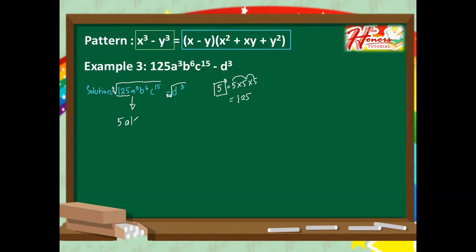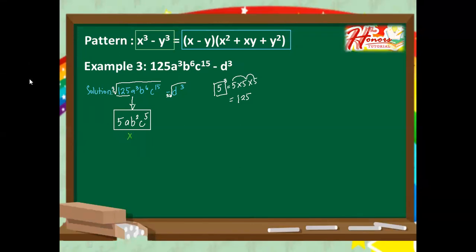For b, to look for the exponent of it, same process, just divide 6 and 3. So 6 divided by 3, that's 2. Next, for letter c, divide 15 and 3, that's 5. And then this is the value of your x now. So let's write x here below.